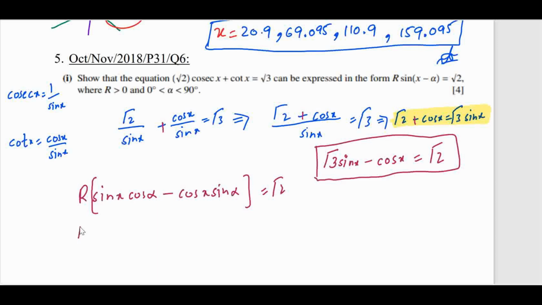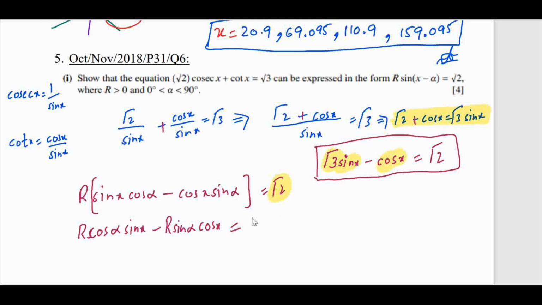Now this will be equals to r sine x cos alpha minus r sin alpha cos of x is equals to, we know that this square root is equals to this thing. So what we have to do, we have to simply replace it.